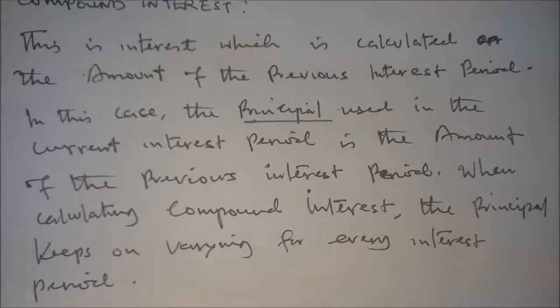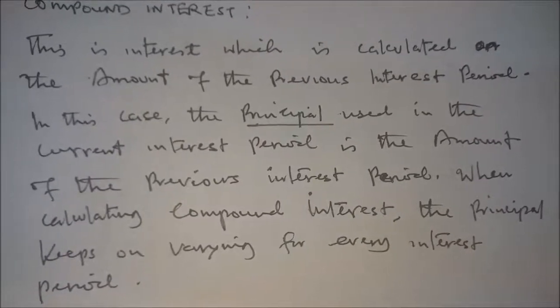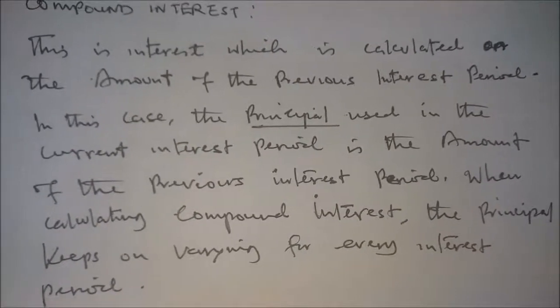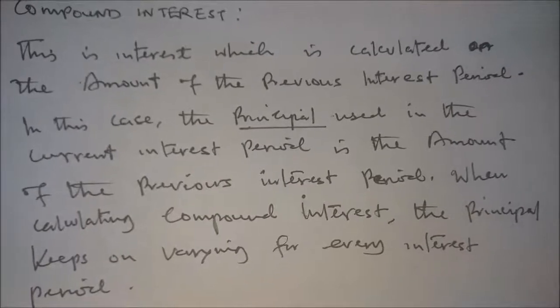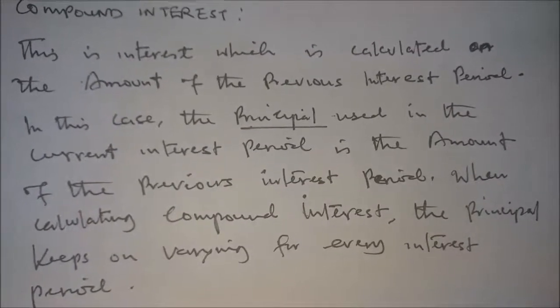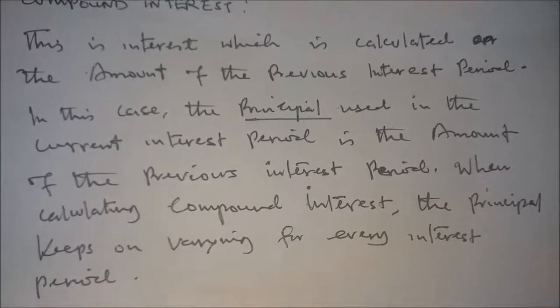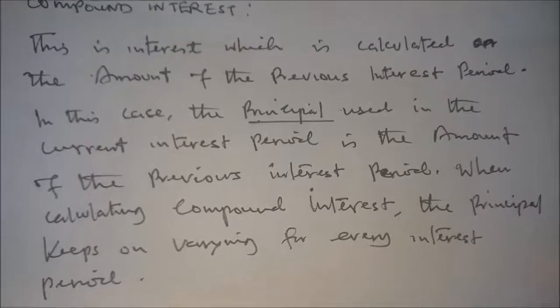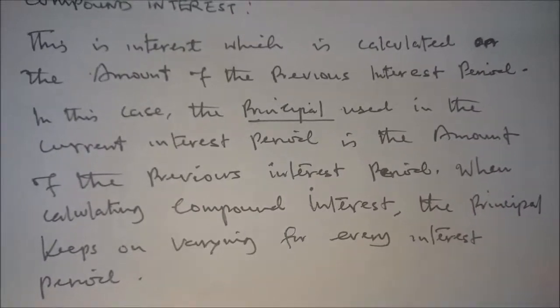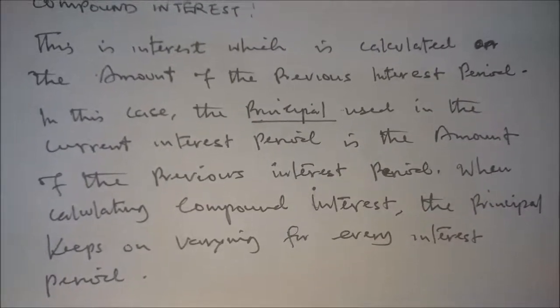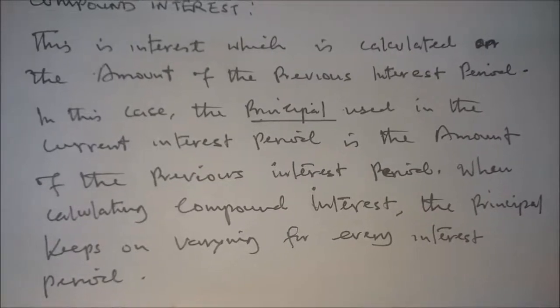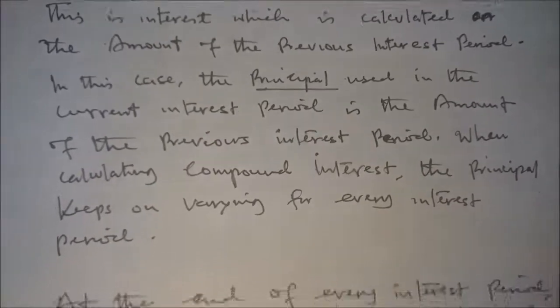At the end of the year, interest is calculated. Before we move to year 2, we determine the amount at the end of year 1, which will be interest for year 1 plus principal for year 1. That will be the principal used for year 2. And that is why we say the principal keeps on varying for every interest period.